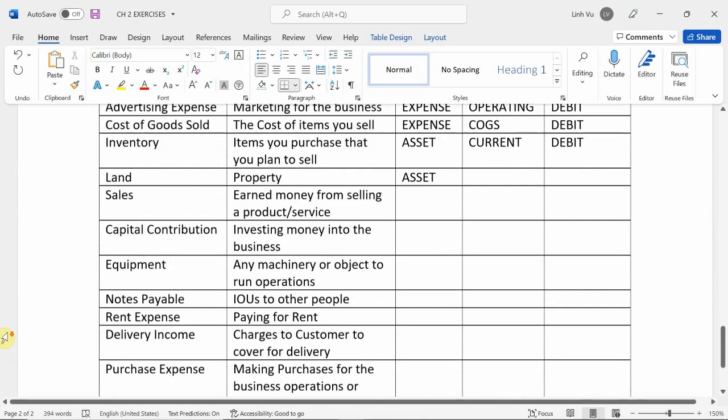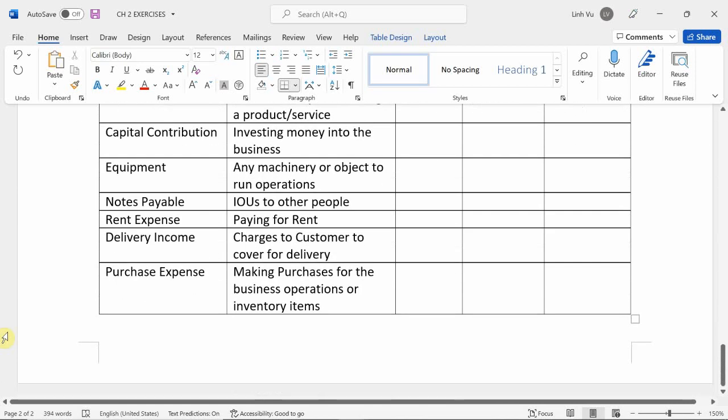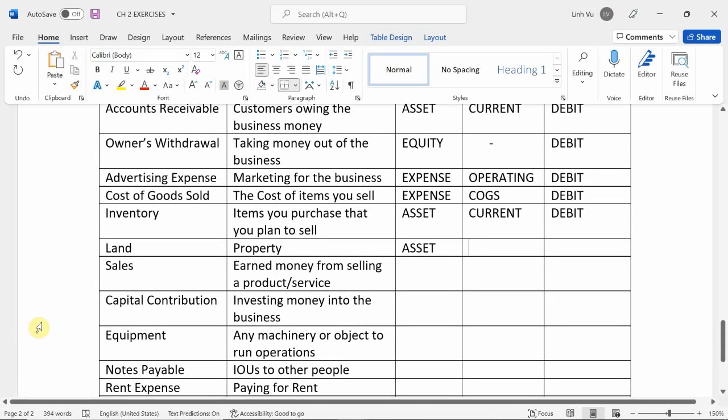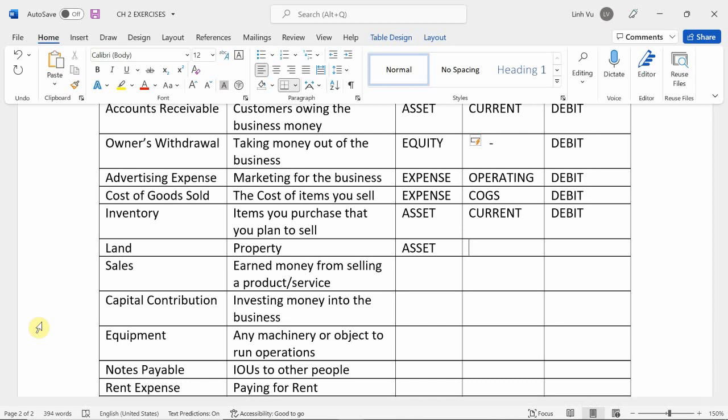Because fixed, remember, we talked about this. The best way to determine whether it falls under that category is property, plant, and equipment, right? Property is anything that is your land, your street, your sidewalks.